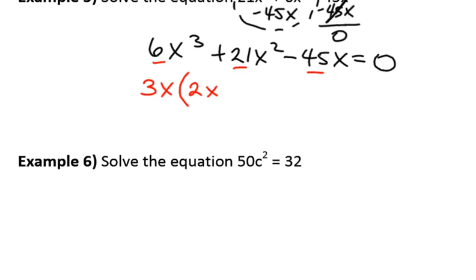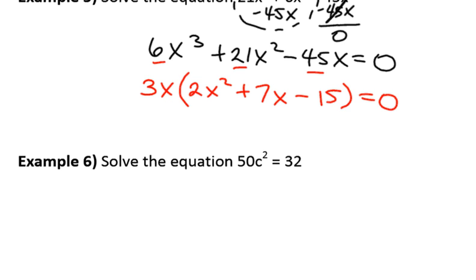That would be 2x squared plus 7x minus 15 equals 0. All right, notice I still have equals 0 on the other side. Okay, so now that I've taken the GCF of 3x out, look at what's inside the parentheses. Now that's a trinomial that I can factor, and I'm going to factor that using the AC method.